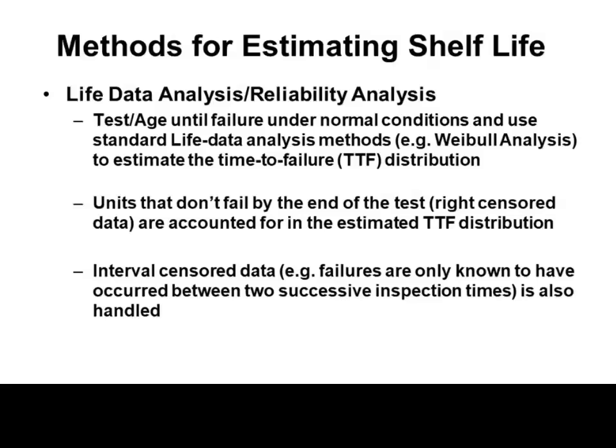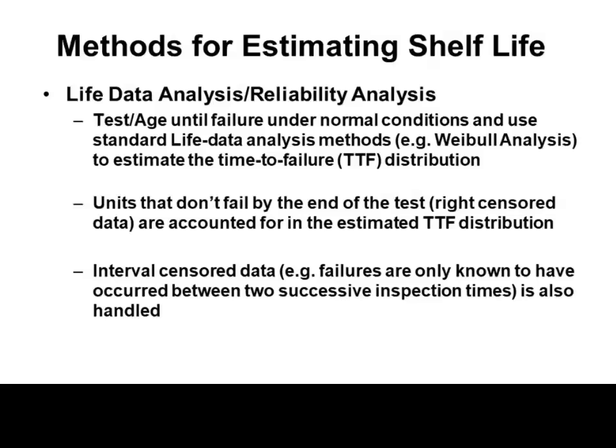So with that approach, we're really going to try to obtain actual failure times, or at least ranges that include the failure times, and then use that to estimate this time-to-failure distribution and calculate our shelf life on that model.